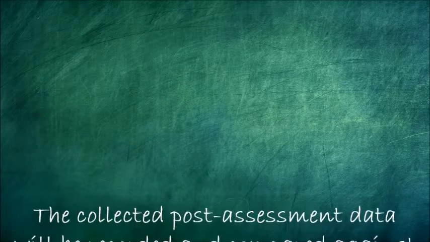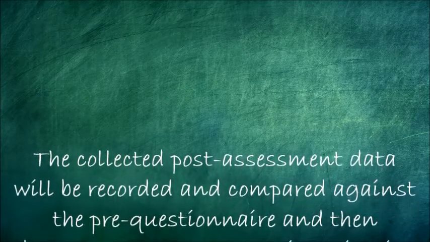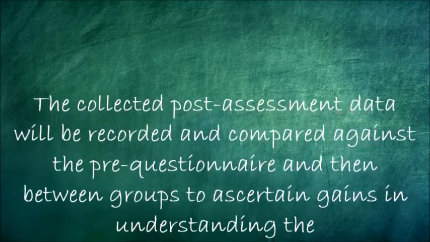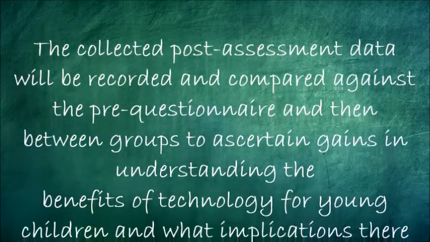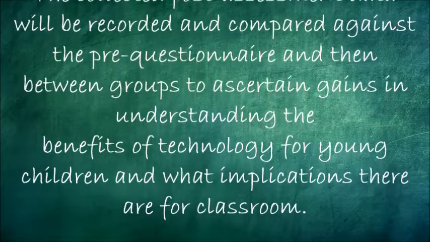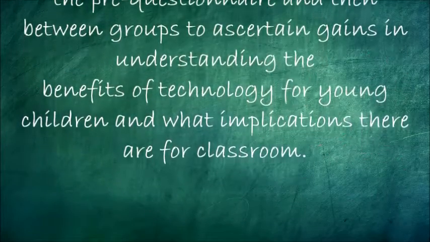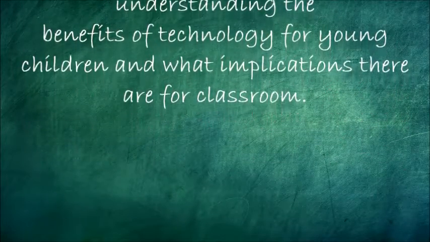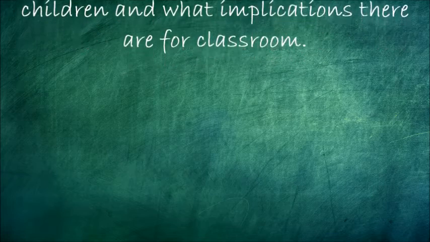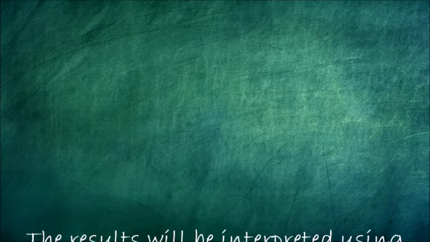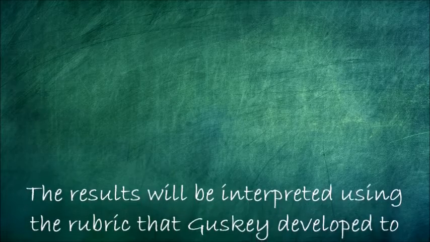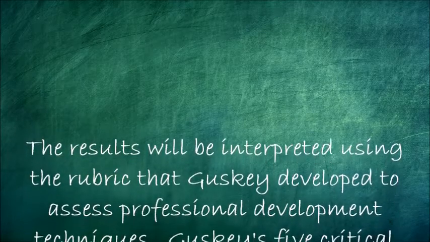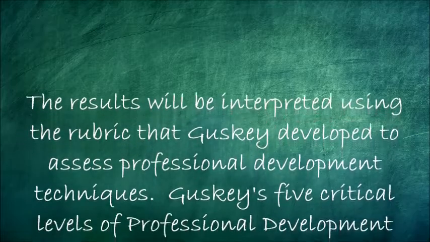The collected post-assessment data will be recorded and compared against the pre-questionnaire and then between groups to ascertain gains in understanding the benefits of technology for young children and what implications there are for the classroom. The results will be interpreted using the rubric that Guskey developed to assess professional development techniques.